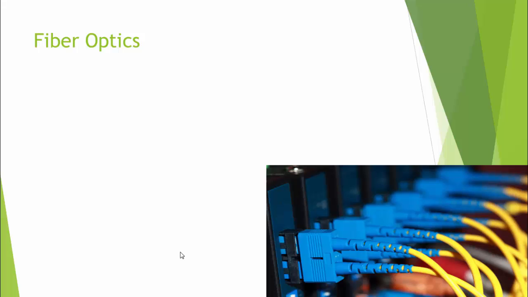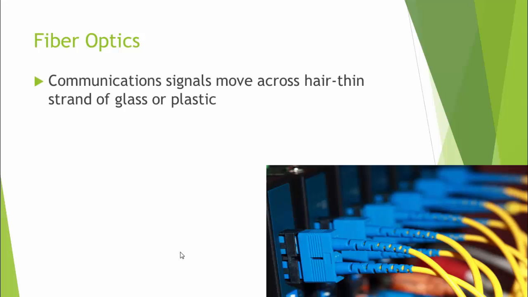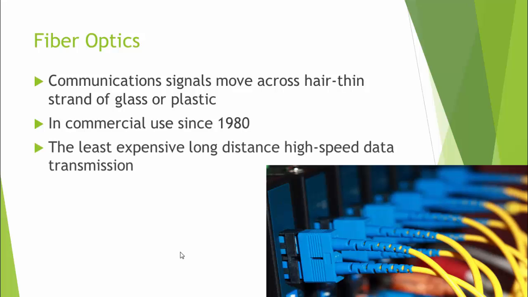And this is where fiber optics comes in. So if we want to transmit to Tahiti using electricity, it would take a rather long time. Communication in fiber optics travels at the speed of light through strands of glass or plastic. This technology has been in commercial use since about 1980, and it is the least expensive way to send data across long distances.